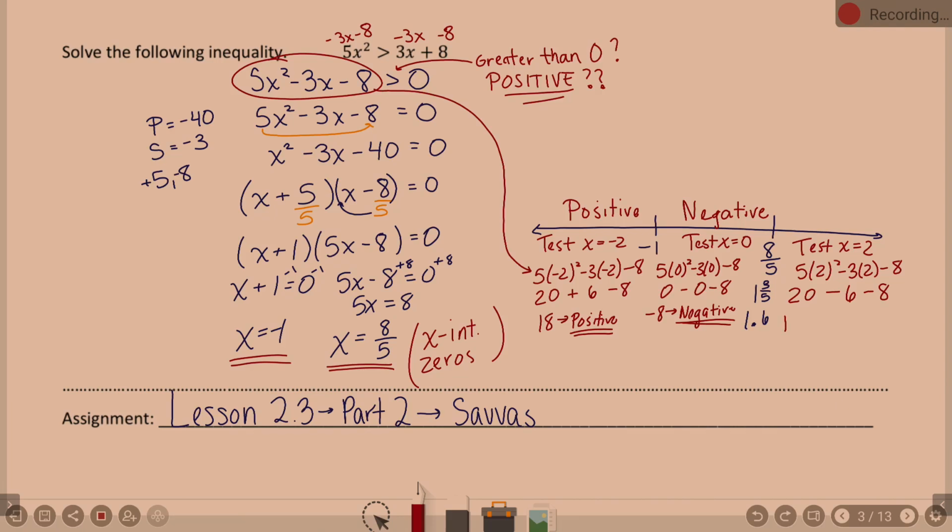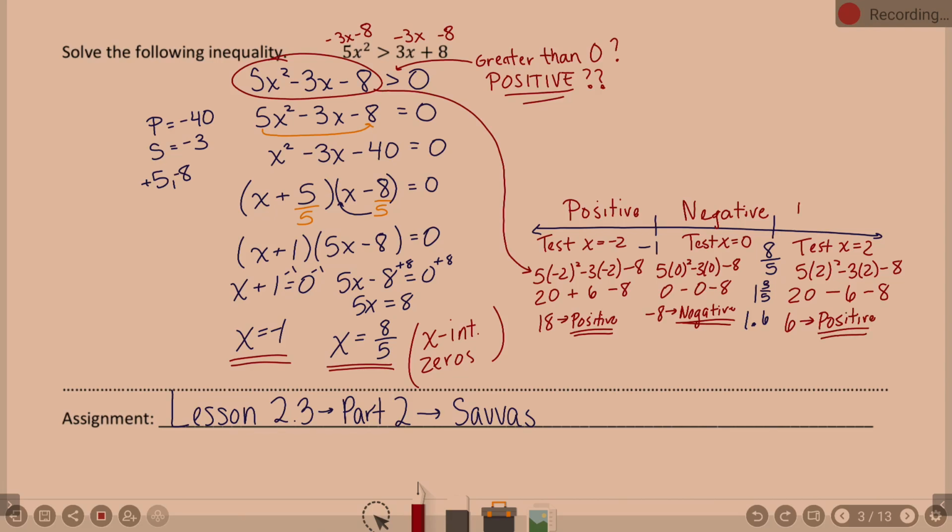It's not going to be the same number as 18 because we're not the same distance over. So 20 minus 6 minus 8 is positive 6. Ultimately, all that matters is 6 is positive, so this is a positive interval.